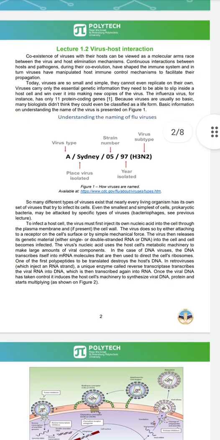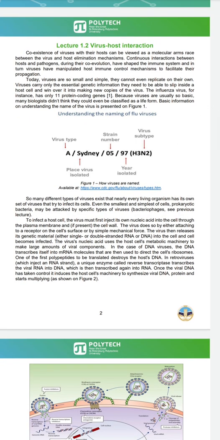So many different types of viruses exist that nearly every living organism has its own set of viruses that try to infect its cells, even the smallest and simplest of cells. Prokaryotic bacteria may be attacked by specific types of viruses, bacteriophages, which I also explained in the previous lecture video.